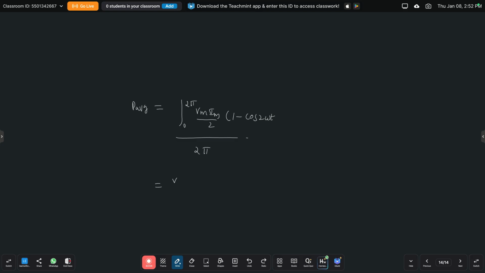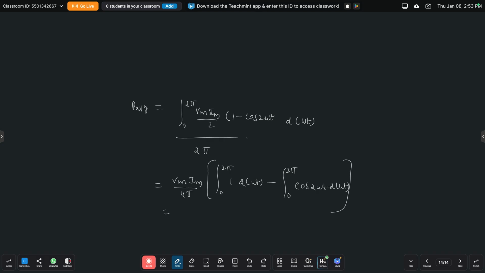So you can take Vm Im by 4 pi times integral 0 to 2 pi 1 d of omega t, minus integral 0 to 2 pi cos 2 omega t d of omega t.